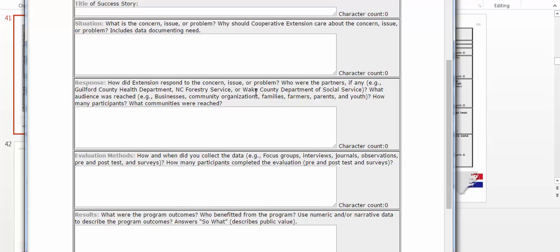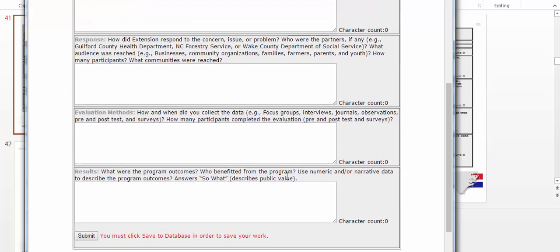Response: how did Extension respond to the concern or issue? Who were the partners, if any? Some examples: what audience was reached, how many participants, and what communities were reached. So it really gives you some guidelines on how you're going to pull your story together.